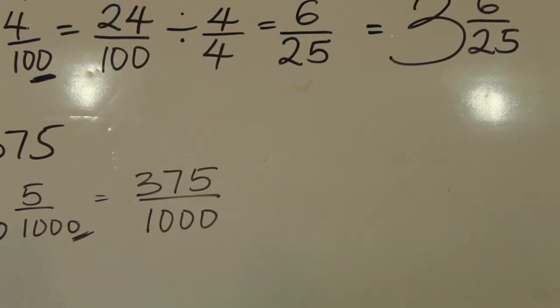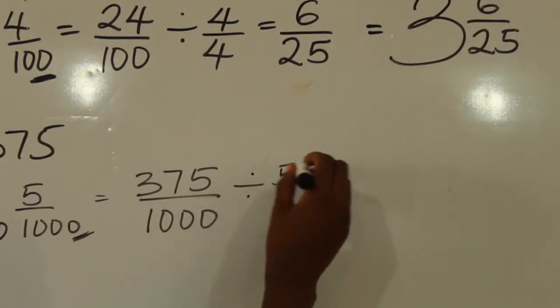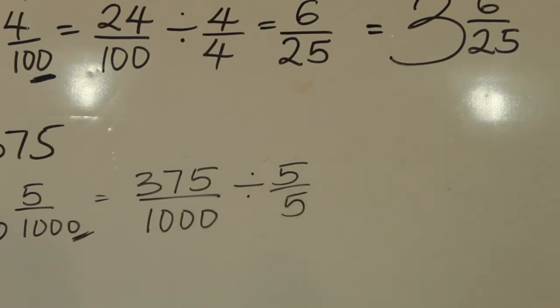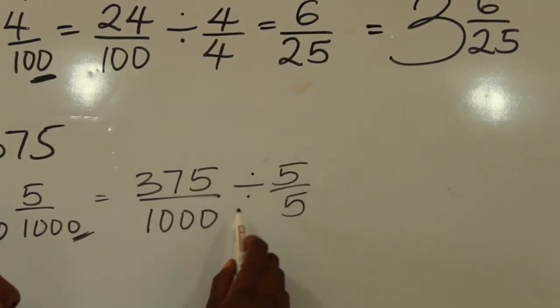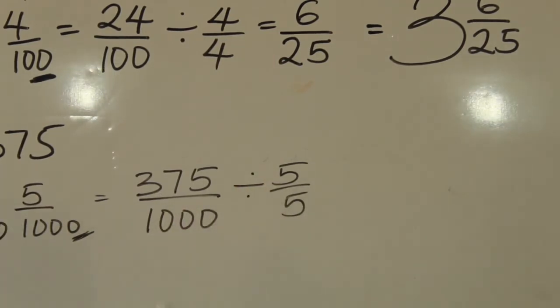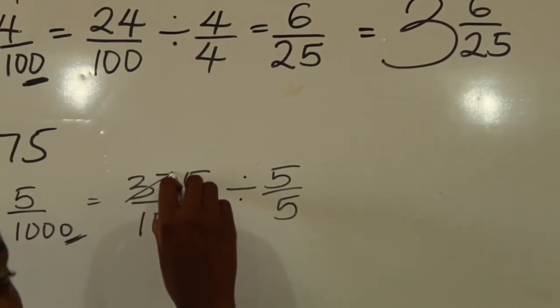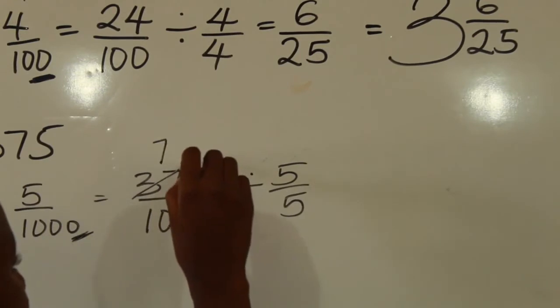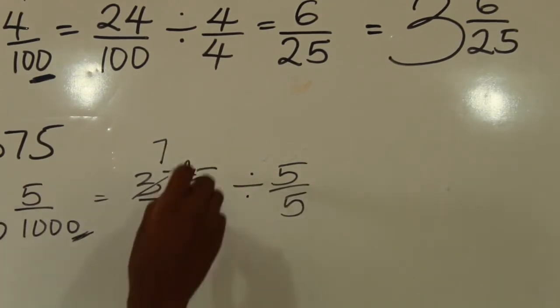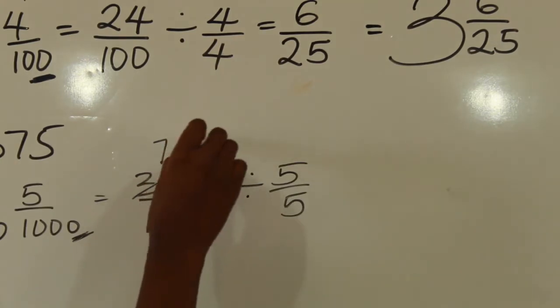Reduce 375/1000 to its lowest term. You can use 5. 375 divided by 5 and 1000 divided by 5. 5 into 37 is 7 remainder 2. 25 divided by 5 is 5.